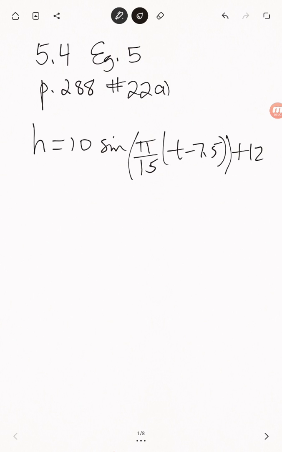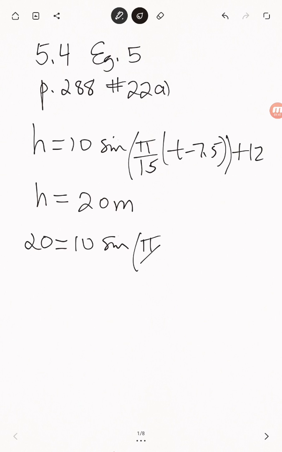So that means that the height, h, which we're told is measured in meters above the ground, is 20 meters. So we're simply going to substitute that in for h, and then we're going to need to solve for t to find out what those times are when the rider is 20 meters above the ground.